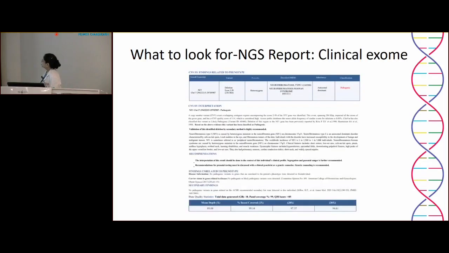This is an example of a clinical exome. There is a variant and there is a description, the inheritance patterns, etc. And then there is the evidence for which they have classified this particular variant as pathogenic.